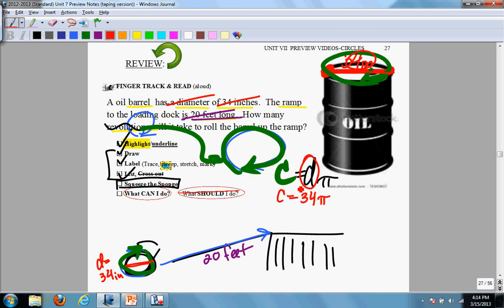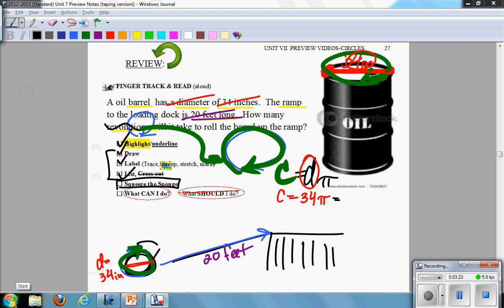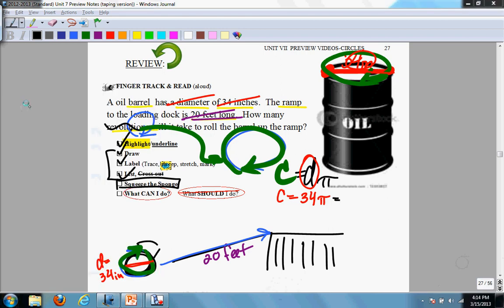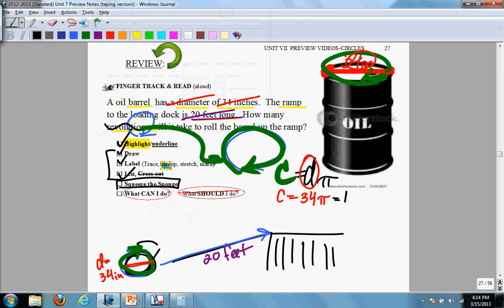Because we have to do something with it, we need to get that in decimal version, so we're going to do 34 times pi. So 34 times the pi key, and we get 106.8. That's 106.8, and we're dealing with inches here.